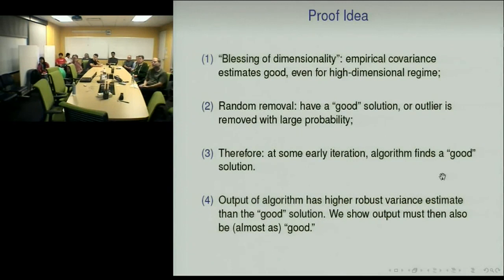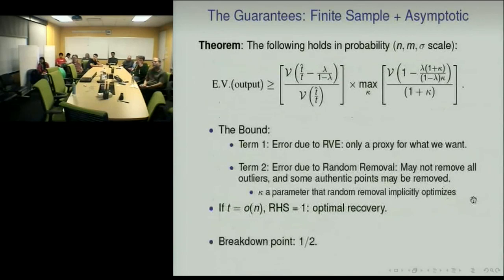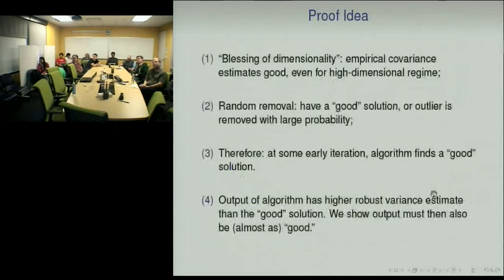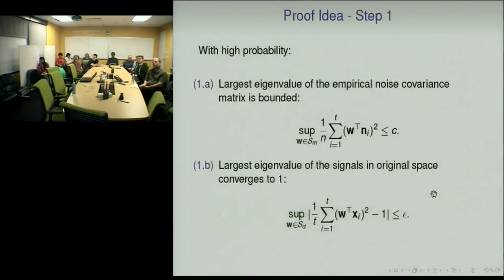If we don't throw away an outlier, we're also happy because we have a good solution. And therefore, at some early iteration, the algorithm is going to find a good solution, and eventually, we want to show that the robust variance estimate does not screw us too much. It's going to screw us a little bit. That's going to be the first term here, but it's not going to screw us by too much by underestimating the variance. Okay. So I'm not going to get into the details too much.